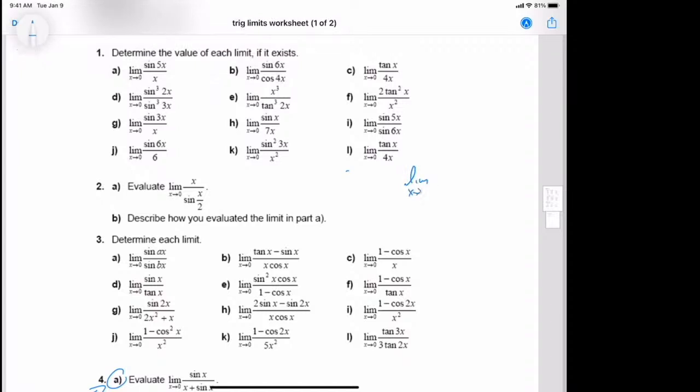Remember which two trick limits you know, right? It was the limit of sine x over x as x approaches 0.